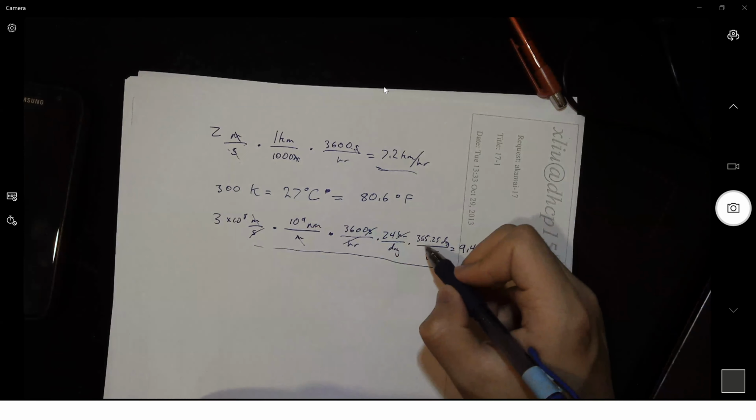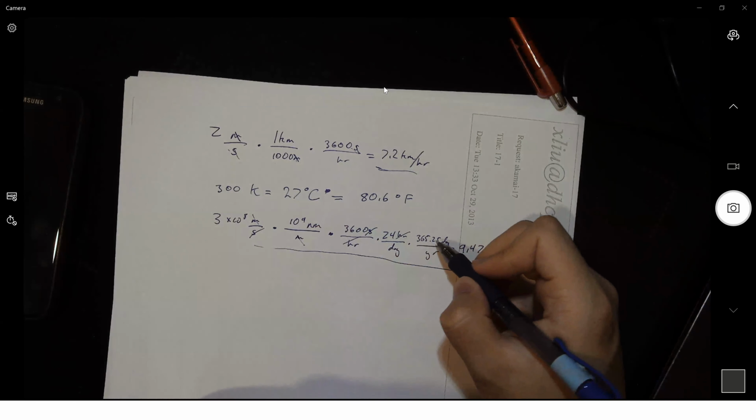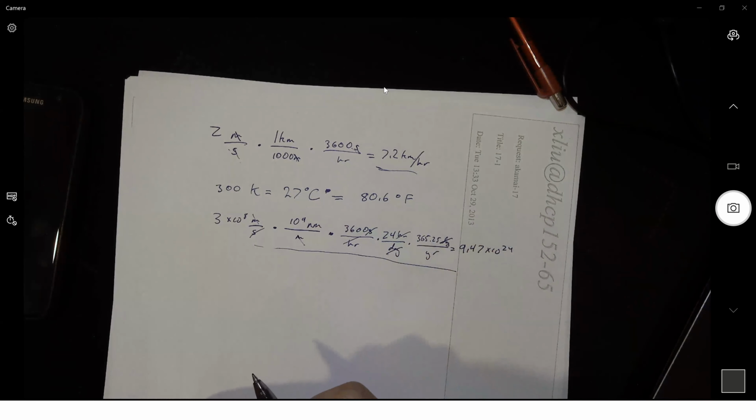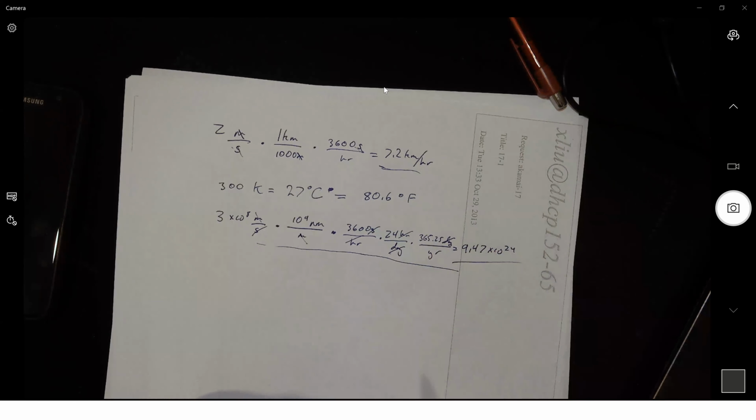And 365.25 days in a year. The 0.25 is because of leap years, so you have to add an extra day every 4 years. This gives us 9.47 times 10 to the 24th nanometers per year. That's how many nanometers light will travel in a year, so that's basically how long a light year is in nanometers.